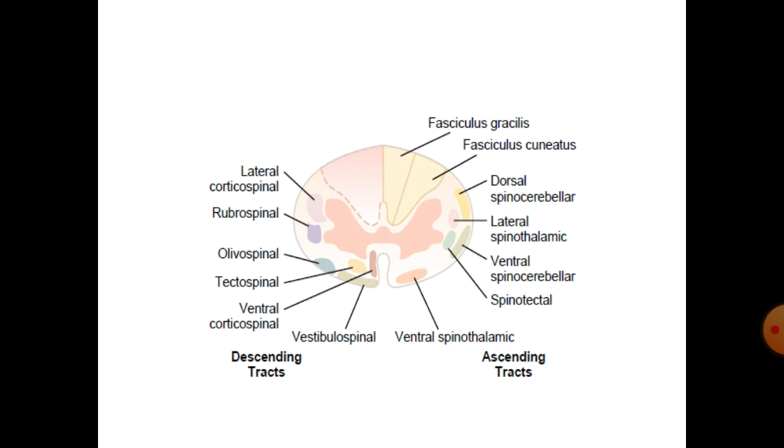And then on the ventral side you can see the ventral spinothalamic tract in the anterior funiculus and the lateral spinothalamic tract in the lateral funiculus. They carry the sensation to the thalamus, and the third order neuron from the thalamus carries it to the cerebral cortex.